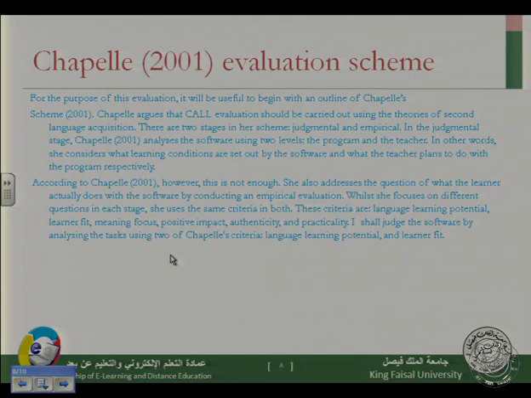I shall judge the software by analyzing the task using 2 of Chapelle's criteria: language learning potential and learner fit. We can go on talking about the software, but it's going to take us forever. So I selected just 2 criteria to evaluate the software, but I'll give you some ideas about these.